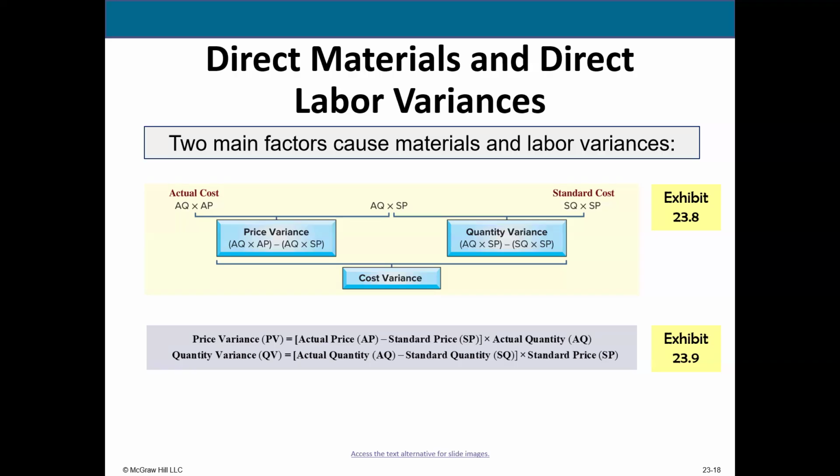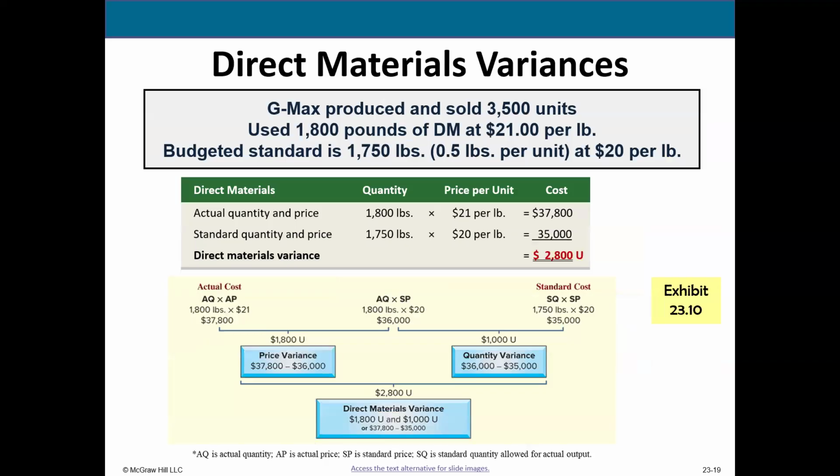So let's apply our baseball bat example to these variances. Let's calculate the direct materials variance. The direct materials variance typically includes a price variance and a quantity variance.